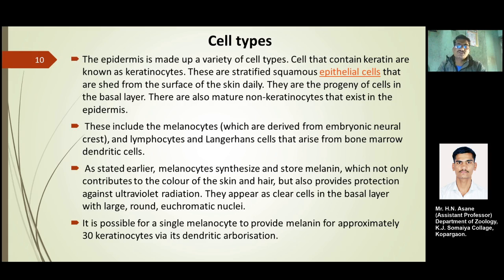These are stratified squamous epithelial cells, remember your tissues. They are shed from the surface of the skin daily, and they are the progeny of the cells in the basal layer.